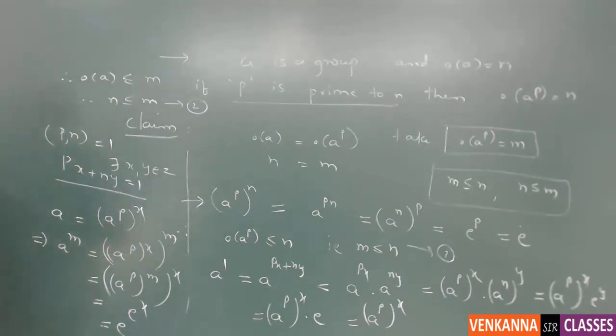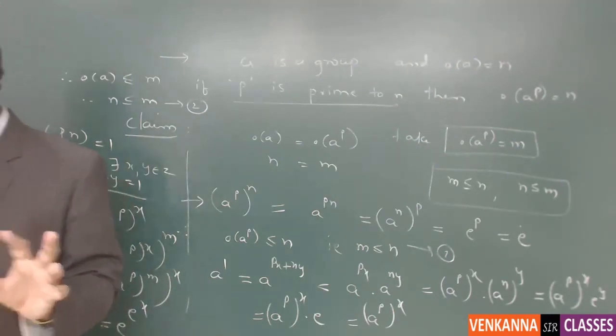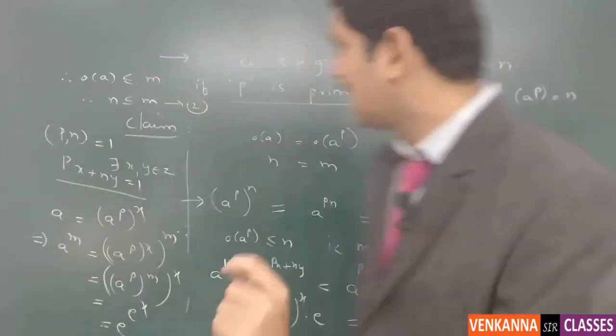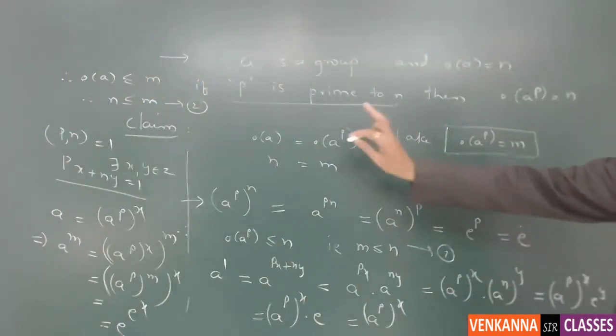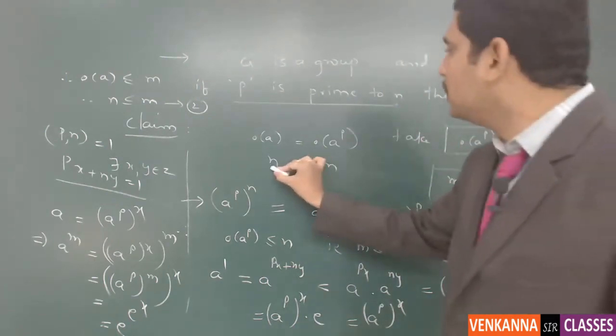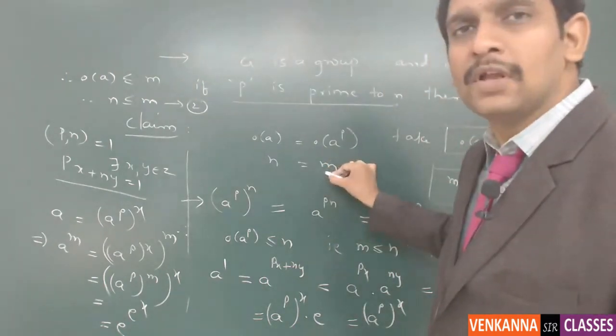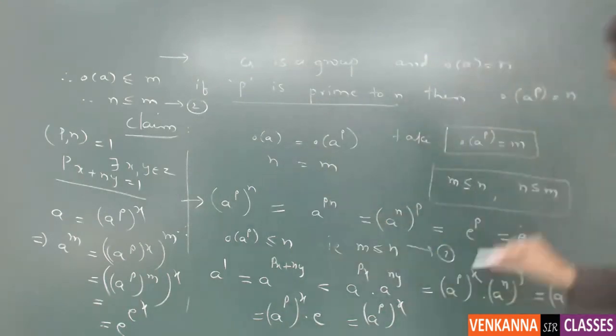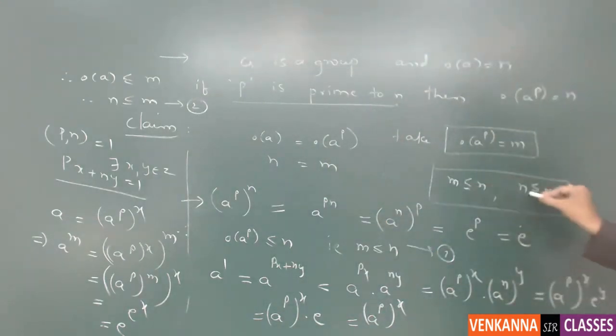Initially, logic seems to be totally different for you. But if you understand the problem here, all I need to show is that these two numbers are equal. So the logic I am using is that one is less than the other.